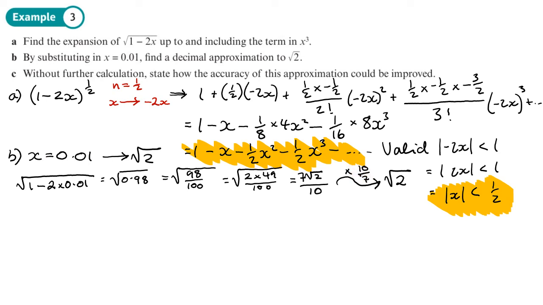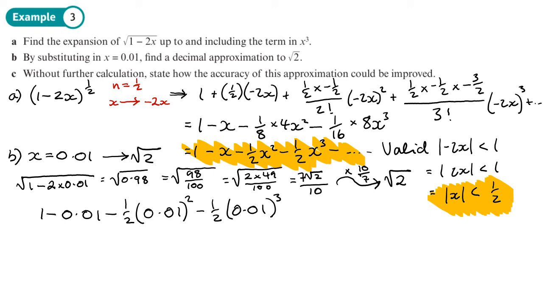So let's start by substituting the 0.01 in first. So that will be 1 minus 0.01 minus half times 0.01 squared minus half times 0.01 cubed. Okay, we're stopping there.